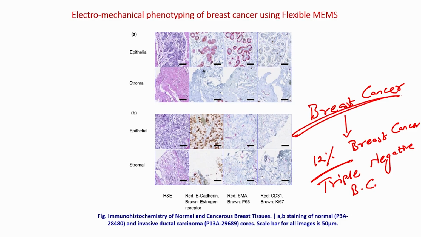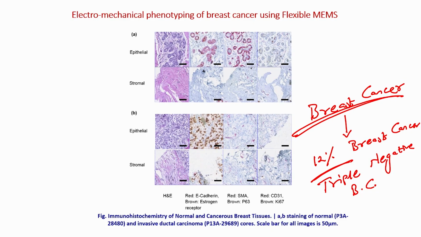Within the bigger umbrella of breast cancer, around 12% are known as triple negative breast cancers. Why? Because none of the biomarkers are present in the breast cancer tissue. Which biomarkers? Estrogen biomarkers, progesterone biomarkers, HER biomarker, right, none of the biomarkers are present.